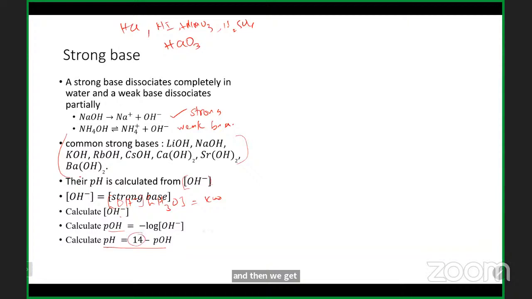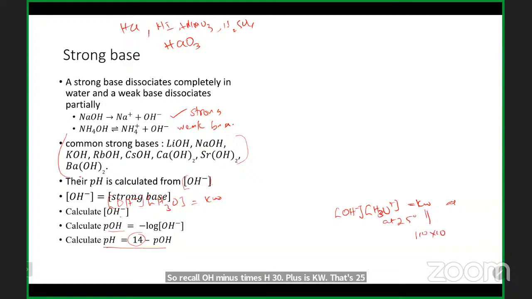Now, how did we arrive at this? Let's do a quick one here. So recall OH minus times H3O plus is Kw. At 25 degrees centigrade, Kw is equal to 1.0 times 10 to minus 14. So OH minus times H3O plus is equal to that.